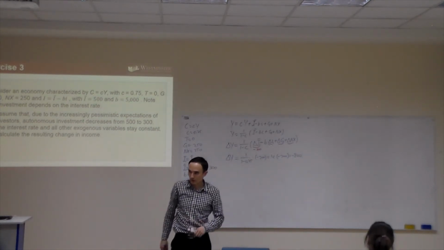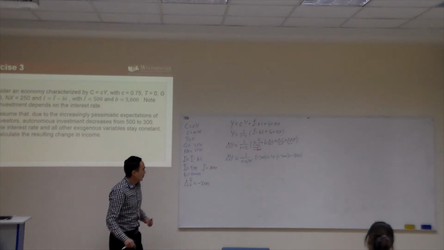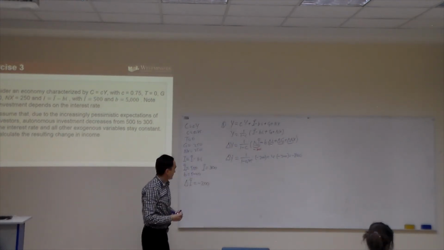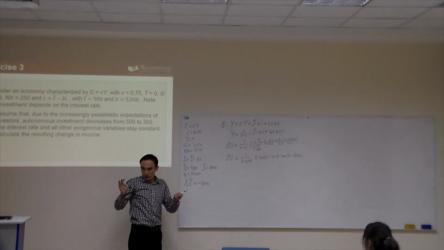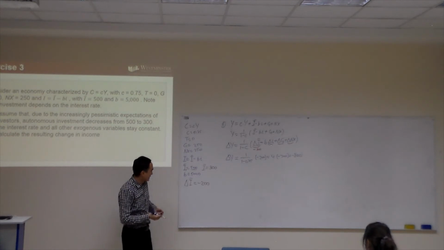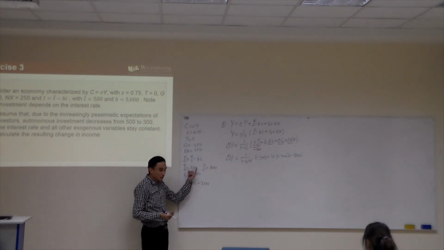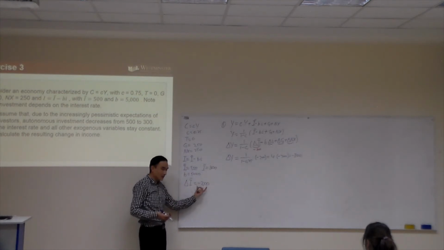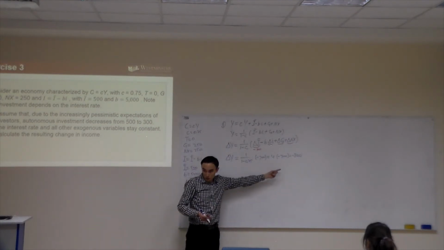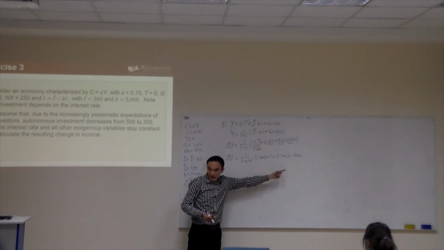Okay, good. So let's suppose the government, based on their survey, the experts understand that investors on average reduce their autonomous investment to 300. The government knows that because of the multiplier, it's going to reduce output by 800.